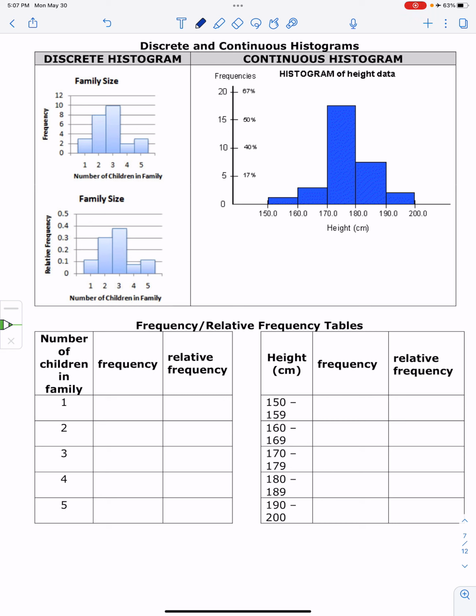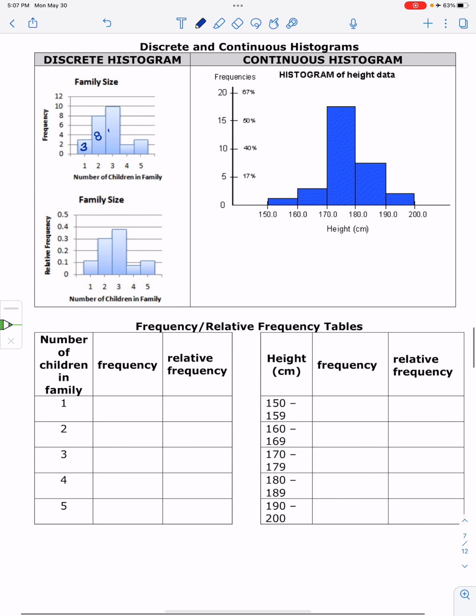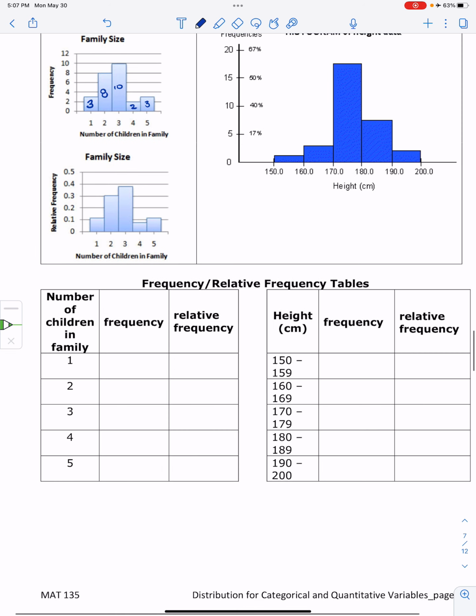Okay. So I can look at my histogram and figure out how many families live in each bar. So I have 3 with 1 child, 8 with 2. I've got 10 with 3 children. There are 2 families with 4 and 3 families with 5.